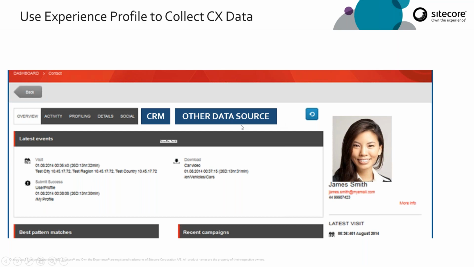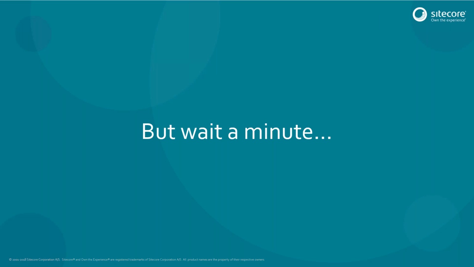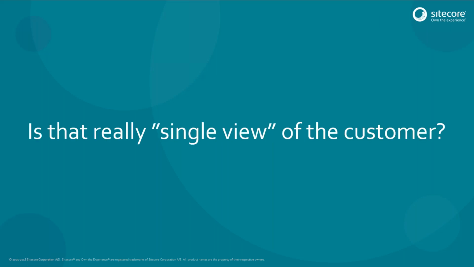But there could be other data sources as well. In some cases, in commerce, for example, it would be an ERP system that would hold most of the information about previous purchases by your customer. So these are just some examples. But yeah, wait a minute. That's just Sycor's perspective and what we can bring to the table.